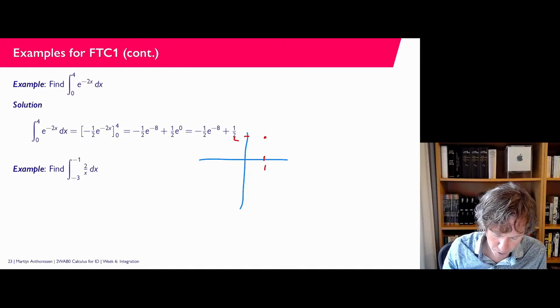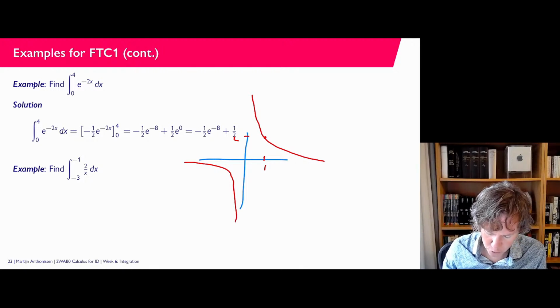And if x is going to 0 from the right, this goes to plus infinity. If x is going to infinity, it's going to 0. And here it is going like this, right? It is symmetric. So this is the function y equals 2/x.